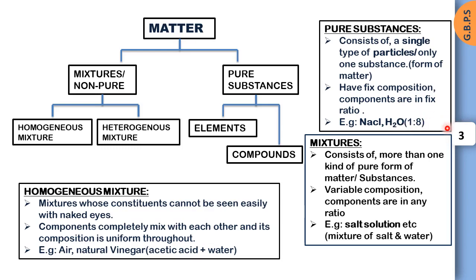That means for water, the ratio of hydrogen and oxygen should be 1:8 only. So from here we could conclude that the components are in a fixed ratio, and also the composition. So pure substances have fixed composition along with components in a fixed ratio.